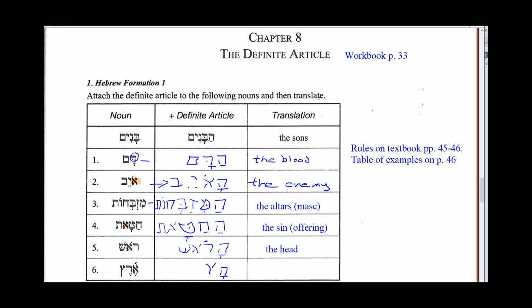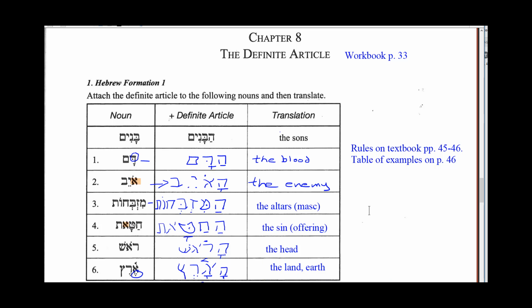But also what's going to happen is that this aleph is going to change its first vowel from a segol to a kametz. And the rest of the word is going to be the same, so we're going to have our final tzade, so aretz, haaretz. The accent will still be here above the first syllable, so it's haaretz. That means the land or the earth.